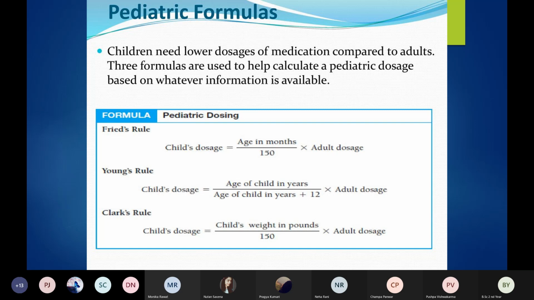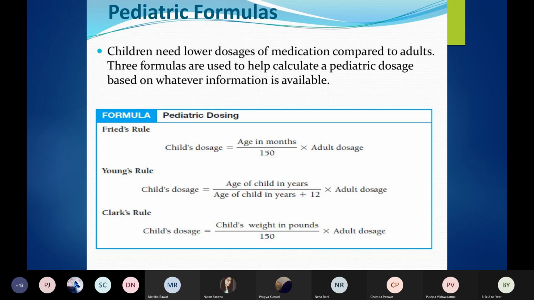In Clark's rule, remember, it is not related to age. It is related to weight, and that also weight in pounds. If the child's weight is in kg, then we have to convert it into pounds. This is a standard conversion: 1 kg is equal to 2.2 pounds.